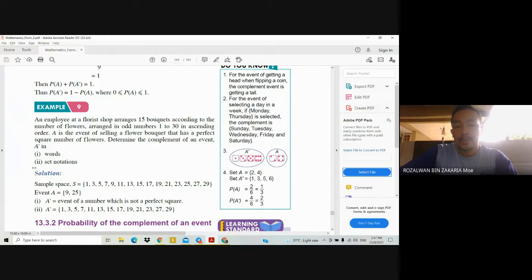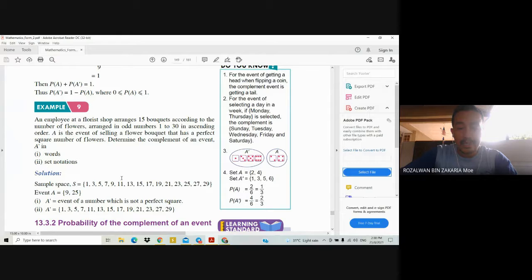All right, so how to do this one? How to write the complement of event A prime in words? Okay, so first step, what to do? You have to list the sample space for this event. Use the symbol capital S equal to, and please use the set notation like this.